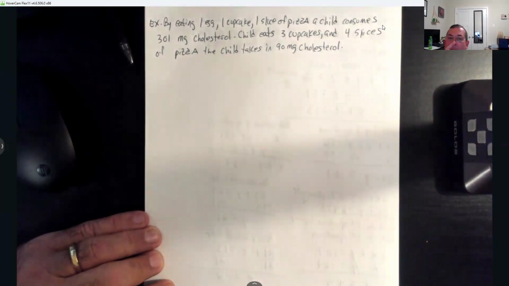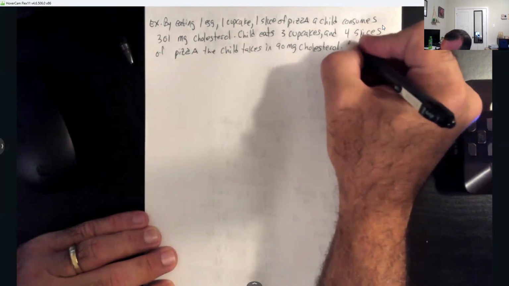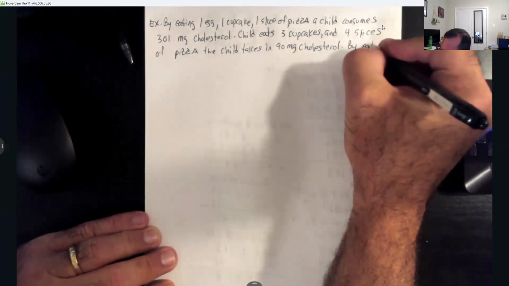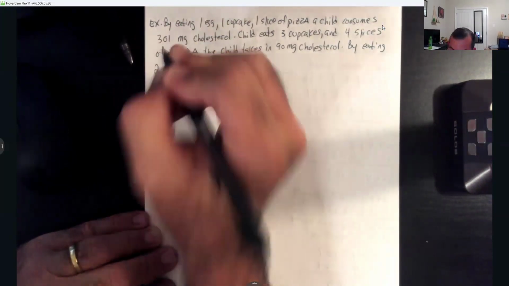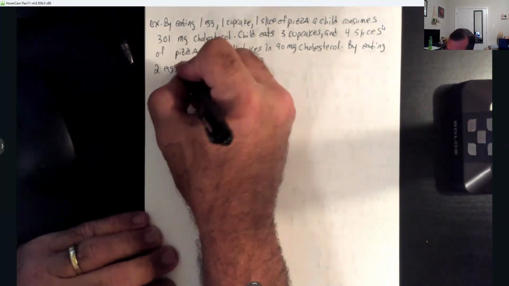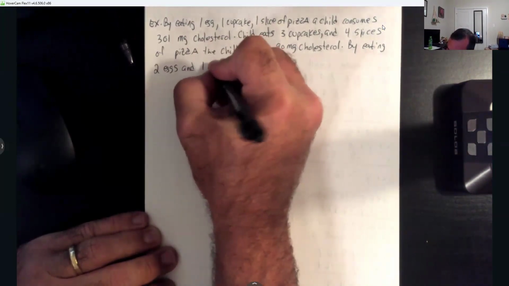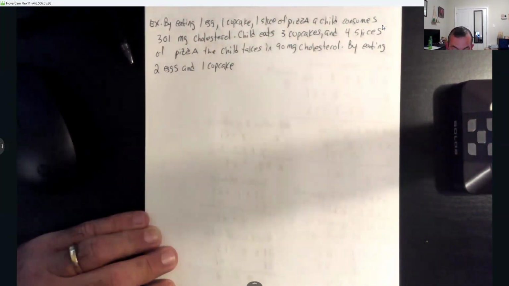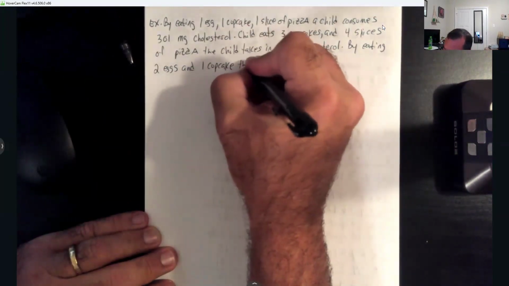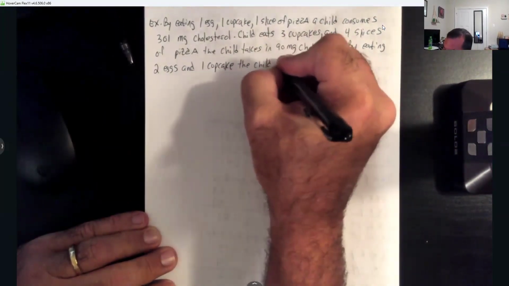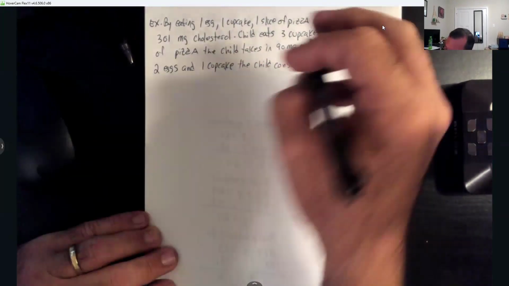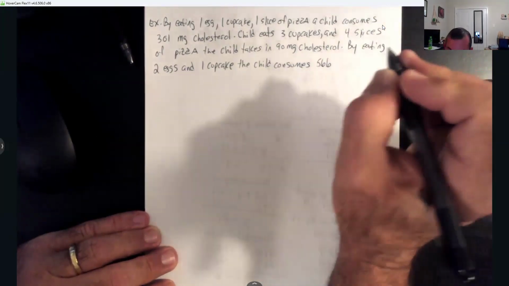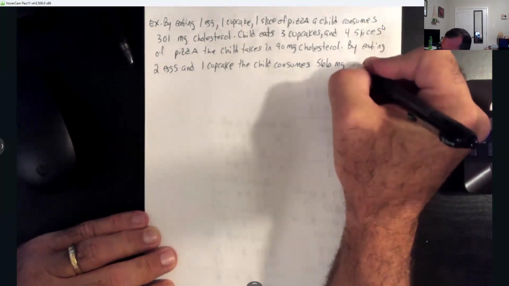Y'all, there's my second equation. And then third, it says, by eating 2 eggs and 1 cupcake, the child consumes 566 milligrams of cholesterol.